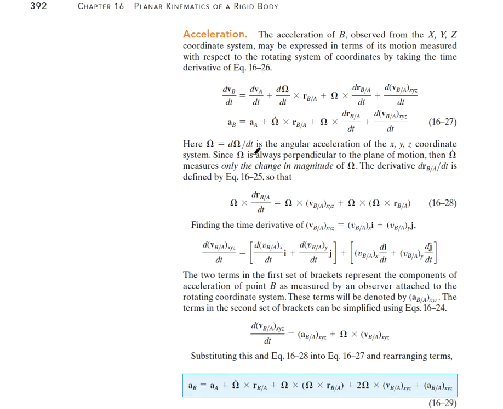So we're going to apply chain rule because omega is a function of time, R of B with respect to A is a function of time. And likewise we're going to see time derivative of unit vectors lowercase i and lowercase j.